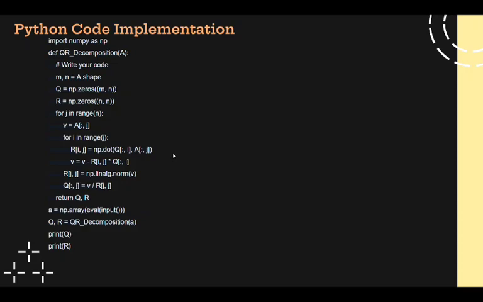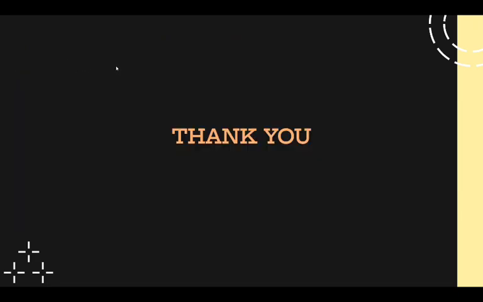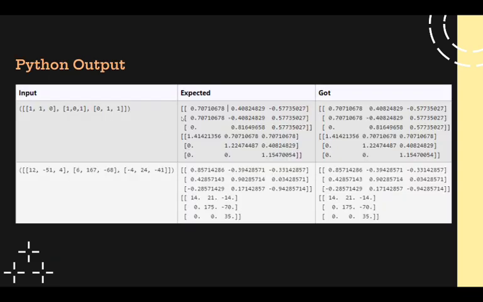Now let's visualize the output. The user gives the input as a nested list A, which is stored as a matrix A in the above code. It is passed to the QR decomposition function, and the function does the Q and R initializations, and it changes the values so that Q is an orthogonal matrix and R is an upper triangular matrix, and finally we get the matrices like this.